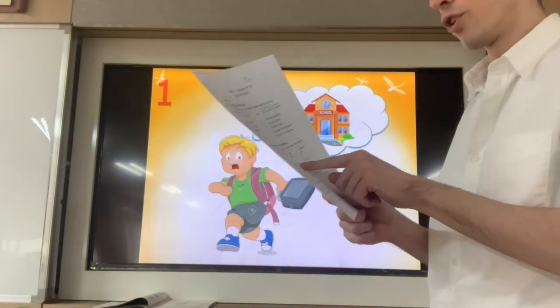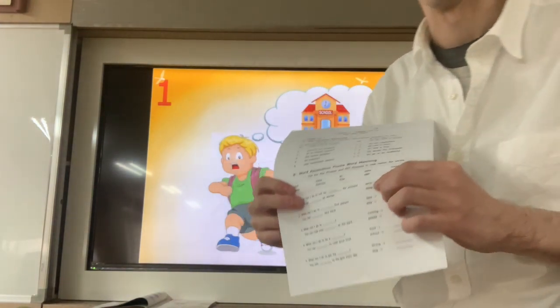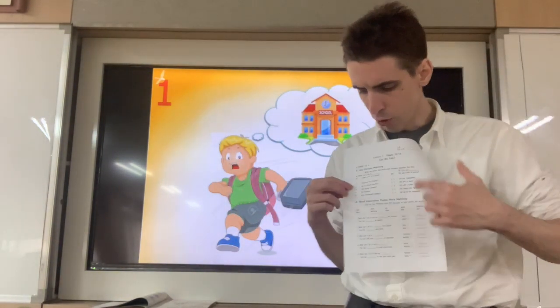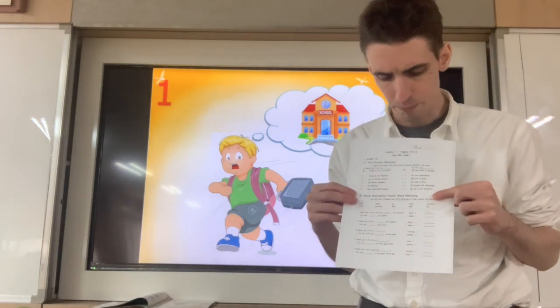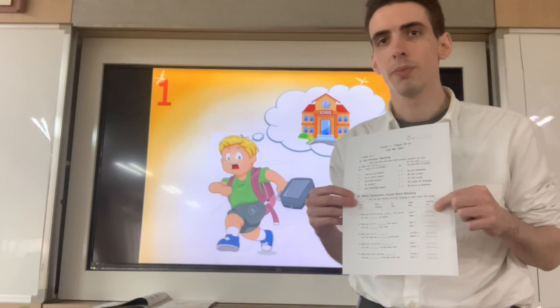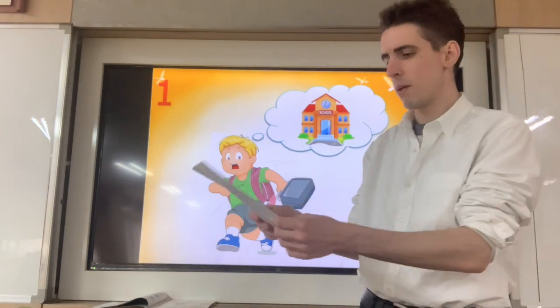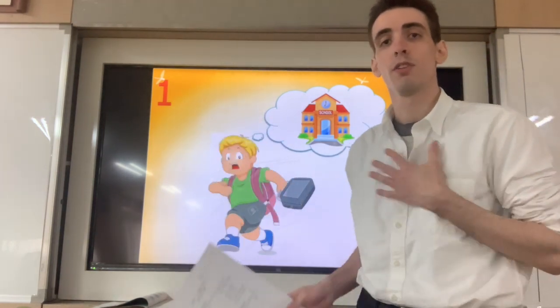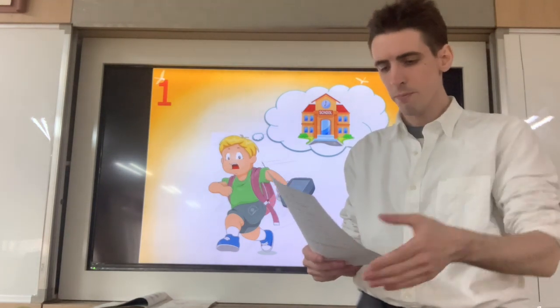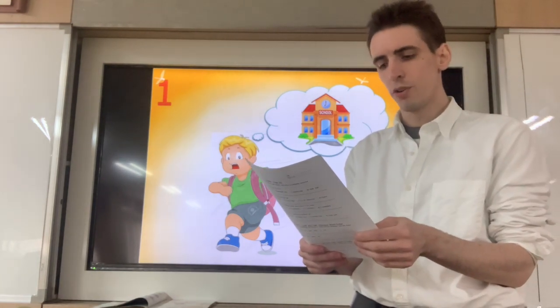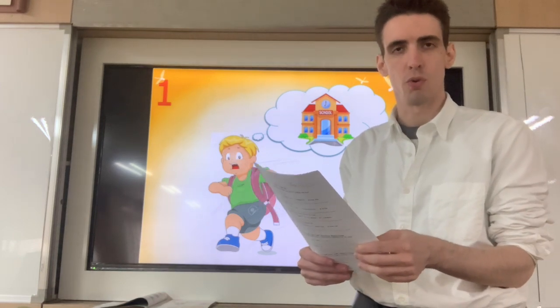So looking at the worksheet, I have a little puzzle for you. So what word matches with early? Look at the word box. Which word matches with early? The answer is late. So that means we fill the blank. So I'm going to speak and then you speak. Okay? What can I do to not be late for school?